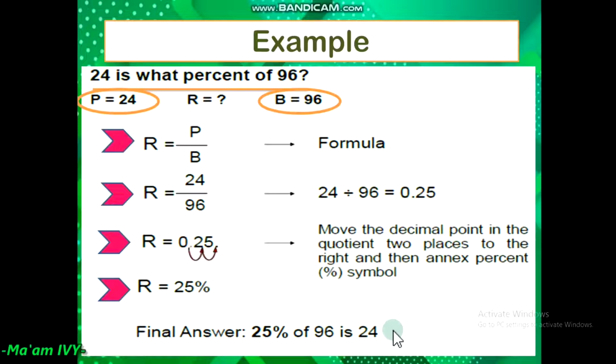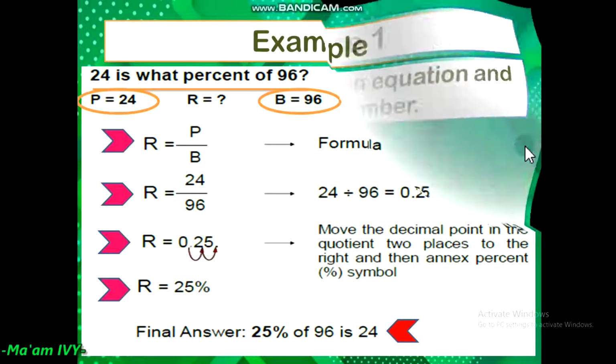So we have here the final answer: 25% of 96 is 24. The missing rate is 25%. Kids, that is how we solve for the missing rate.